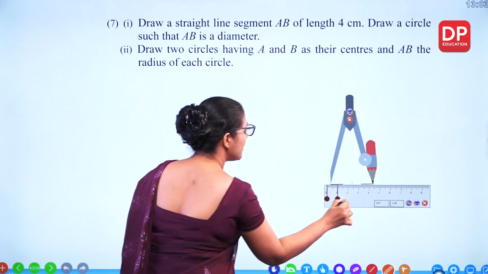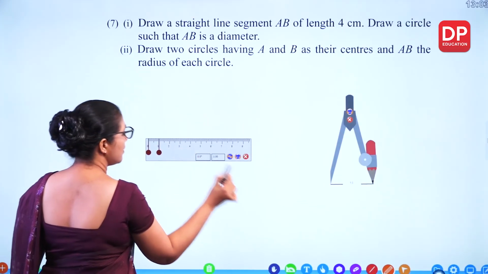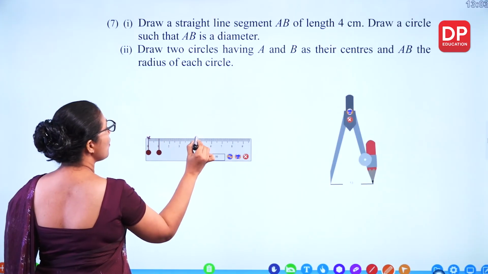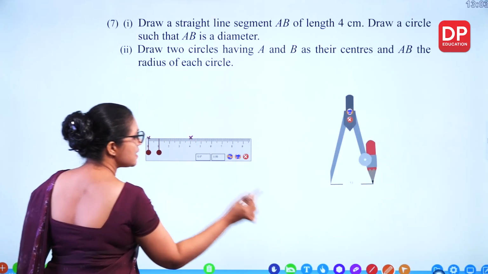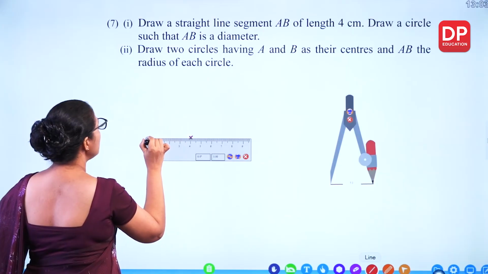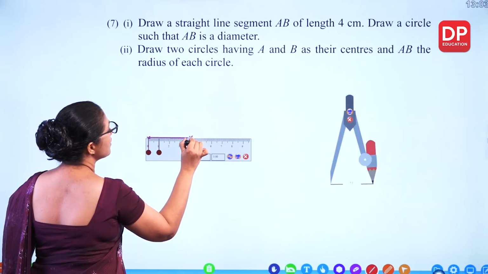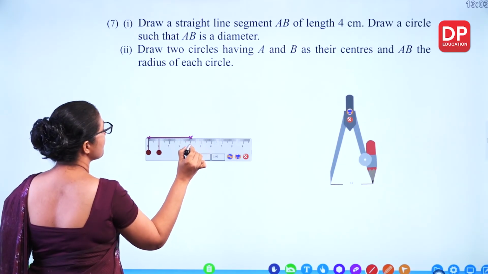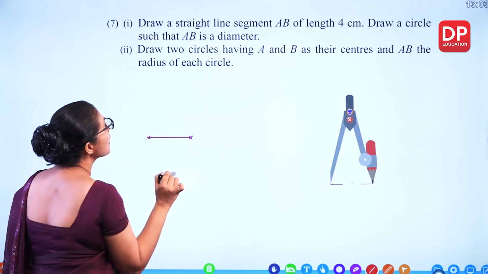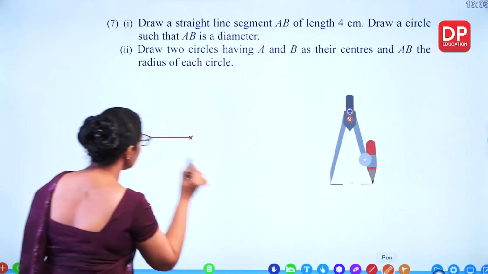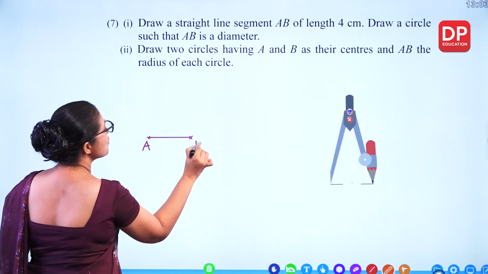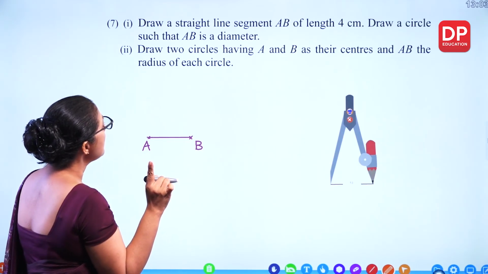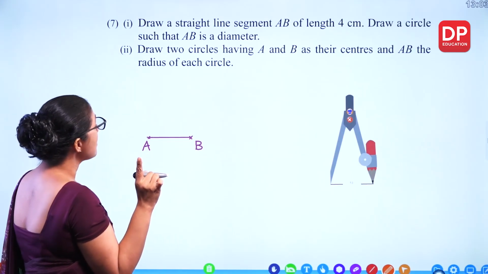I can mark this point and this point, 4 centimeters, and taking the ruler, I can mark this line segment AB. That's 4 centimeters. Now we have to take AB as the diameter.